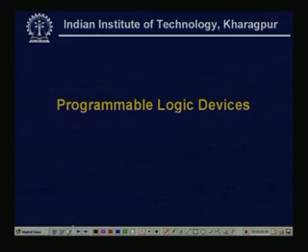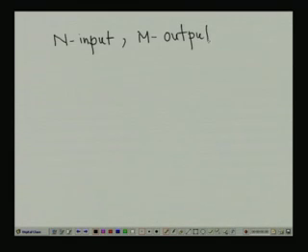So, if we consider an n input, m output PLA, what will be the programmable AND array and the OR array structure?